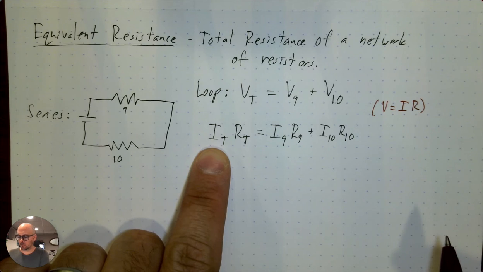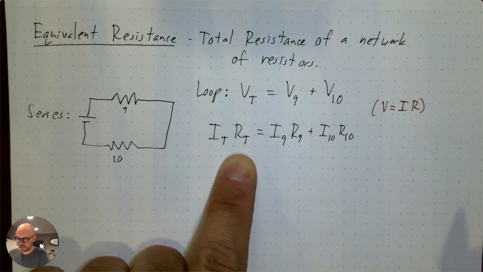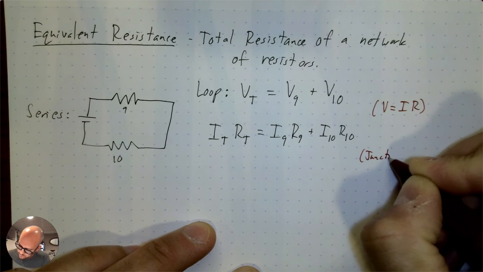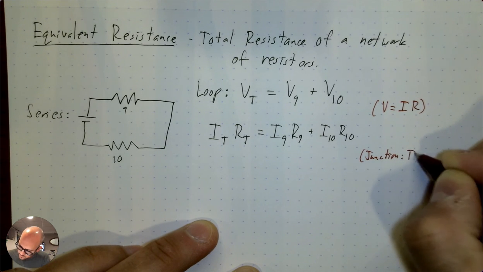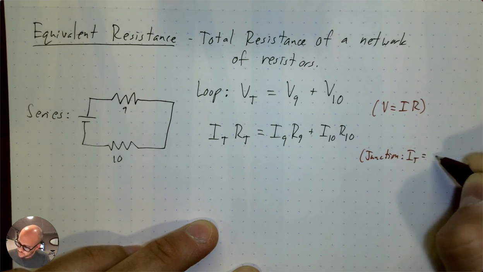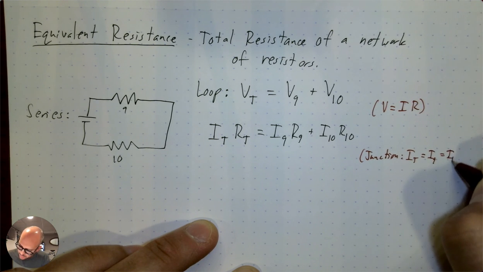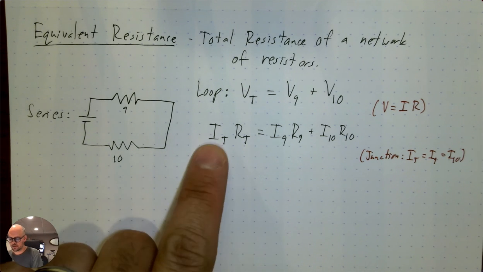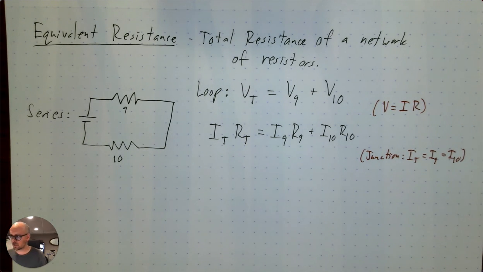Now, the other thing I know, because of the junction rule, is that total current is equal to the current through 9, and it's equal to the current through 10. In other words, these currents are like terms.